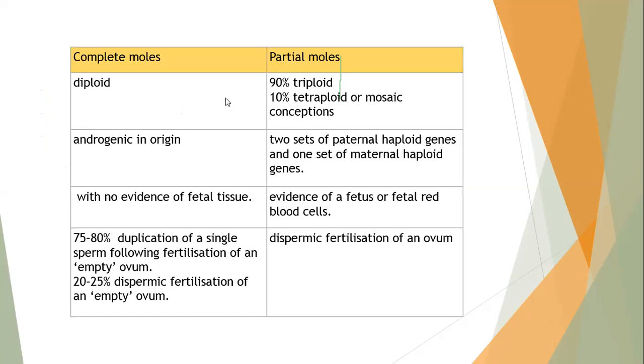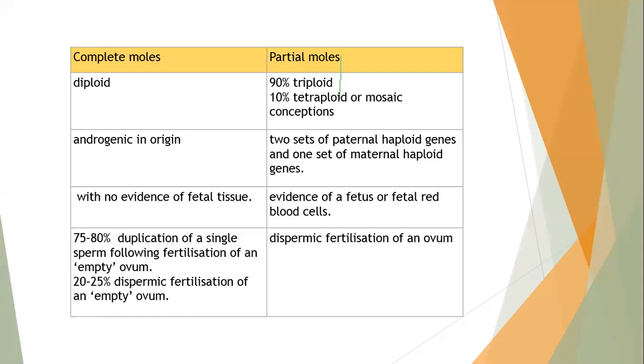This is some sort of comparison between complete mole and partial mole. Complete mole always has a diploid number of chromosomes, while partial mole is 90% triploid, 10% tetraploid or mosaic.